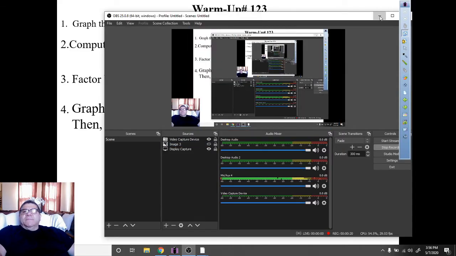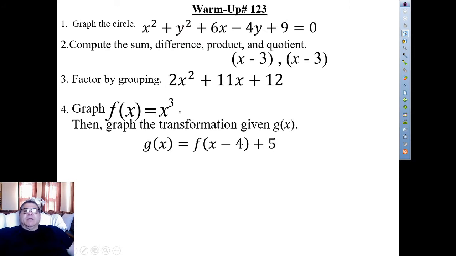Our warm up for today is warm up 123, Michael Jordan, and it reads: number one, graph the circle x squared plus y squared plus 6x minus 4y plus 9 equals 0. Number 2, compute the sum, difference, product, and quotient of x minus 3 and x minus 3.